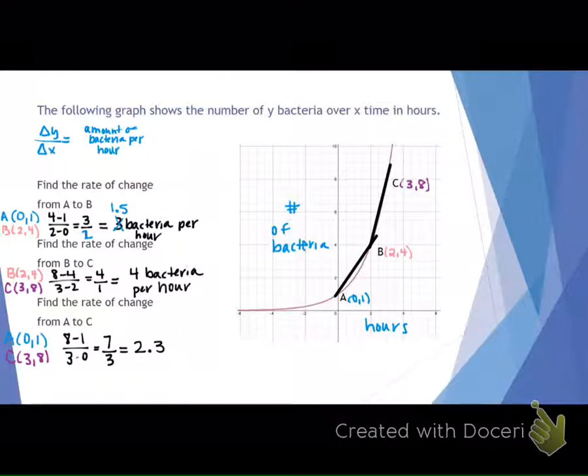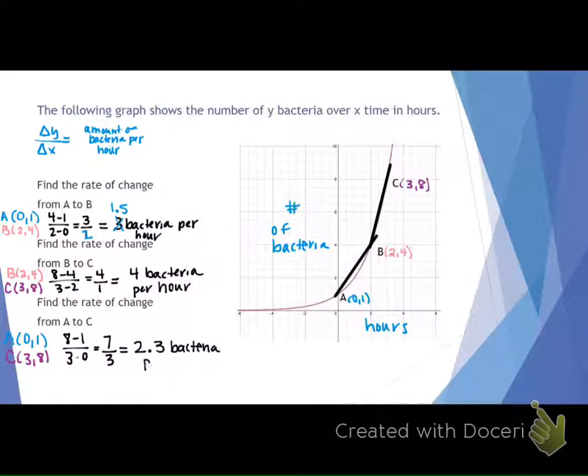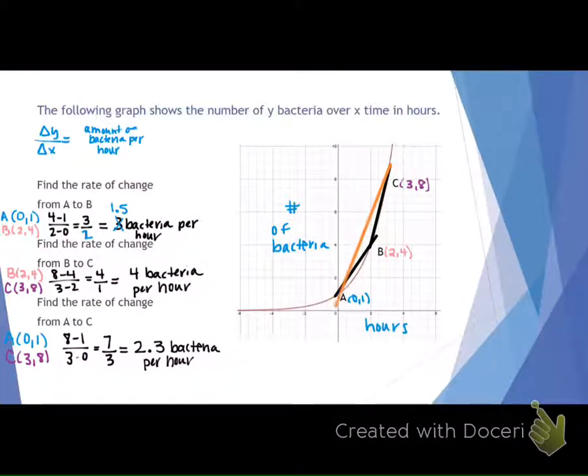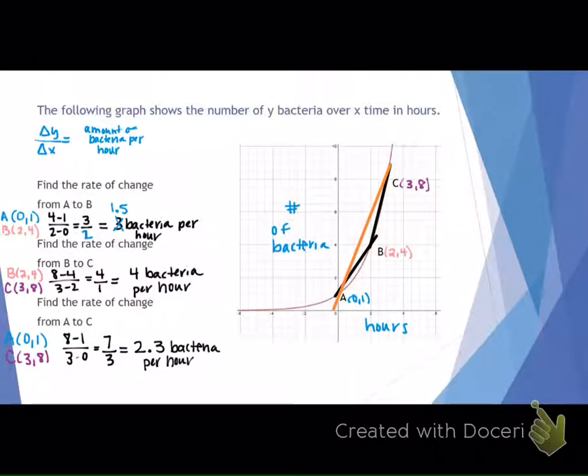So, Mike, 2.3 what? What is my unit? Bacteria per hour. I spelled bacteria wrong. So again, this is in between the 2. So you'll notice if I plot that slope, it is less steep than this slope that's almost straight up and down, but it's more steep than that one.